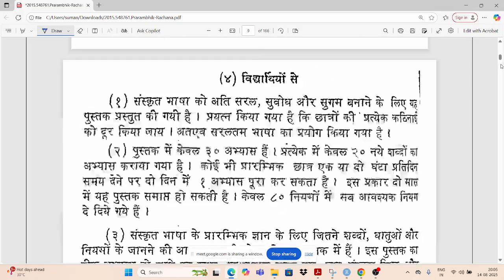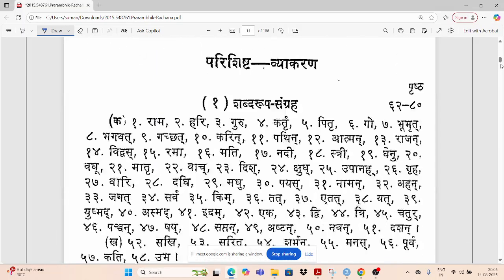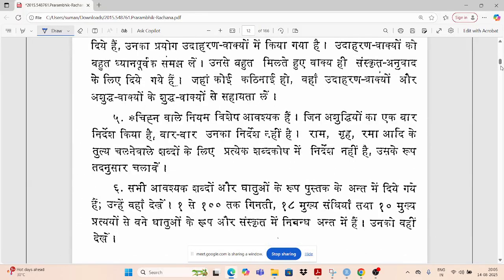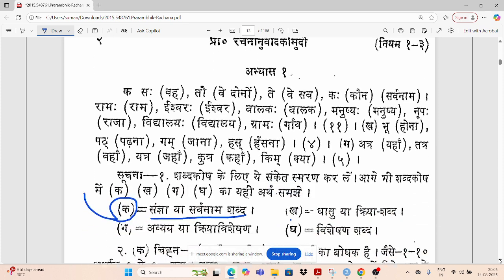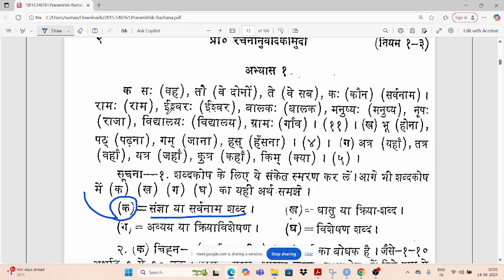Ramah ke saman hi Ishwar etc. ke roop chalenge. So Prathama Vibhakti will be Ishwarah, Ishwarau, Ishwarah, and Dvitiya Vibhakti will be Ishwaram, Ishwarau, Ishwaran.